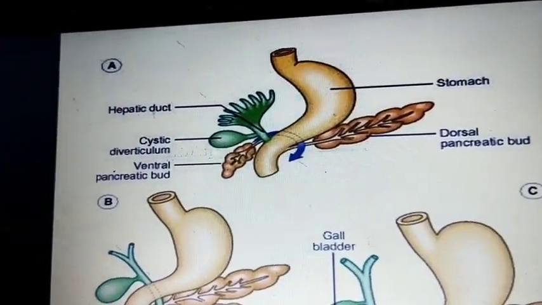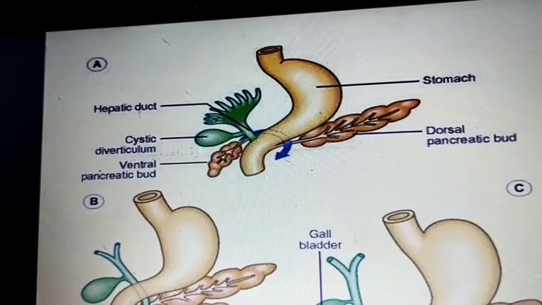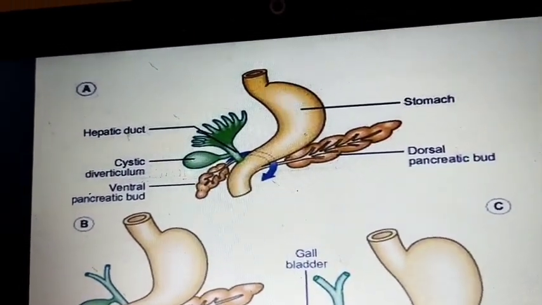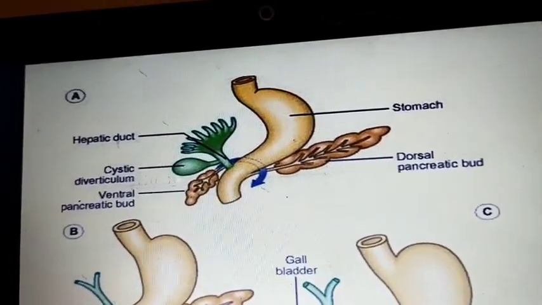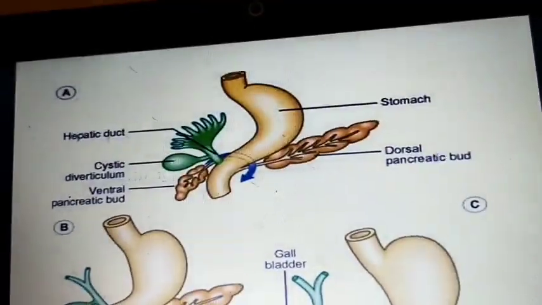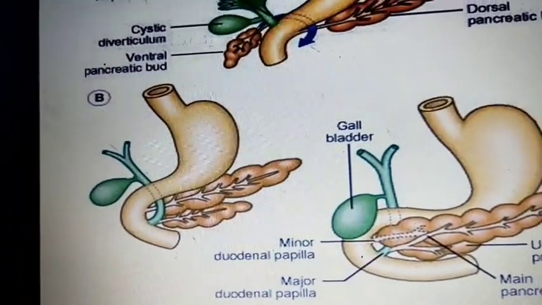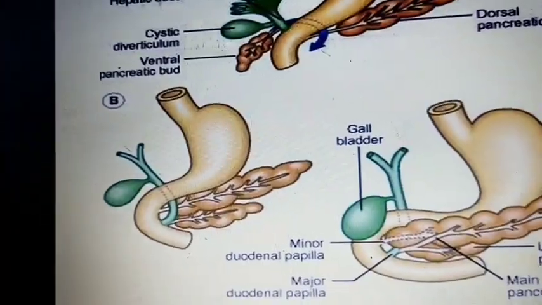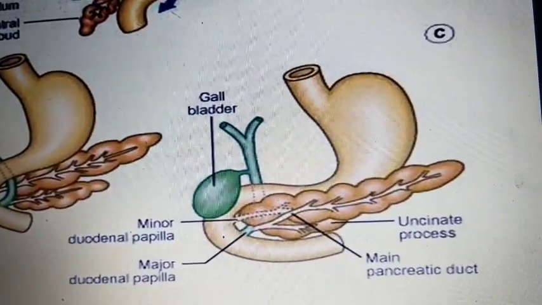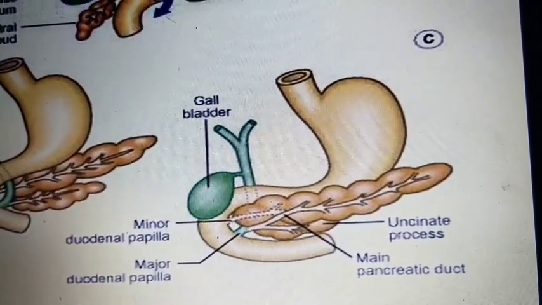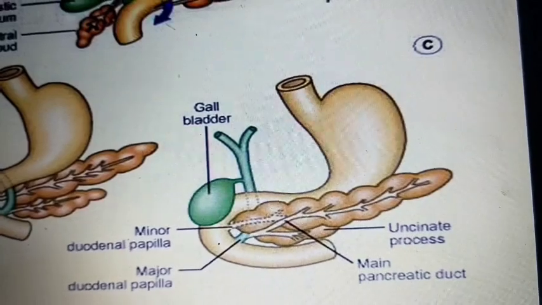During the 4th or 5th week, the rotation of the duodenum happens, and because of that this ventral surface moves towards the left side, so it comes behind or below the dorsal pancreatic duct, like that. Okay, like that it will move and rotate. And by that there is formation of the major duodenal papilla by the joining of the common bile duct and the pancreatic duct.